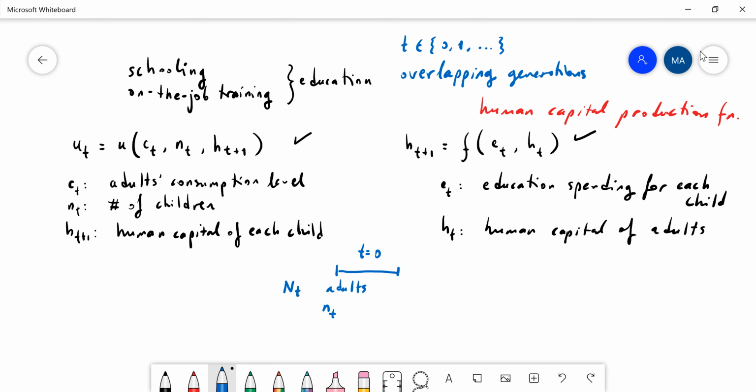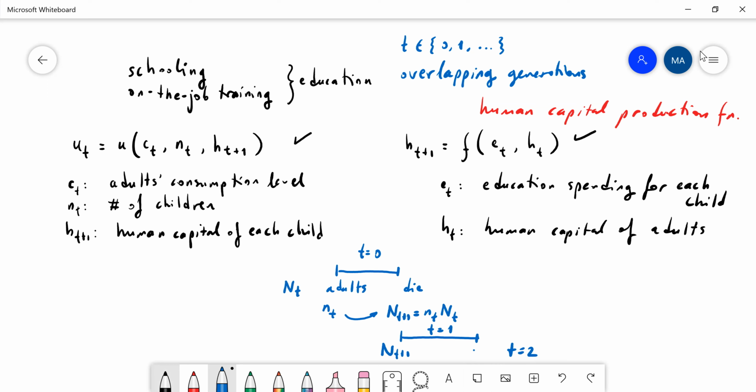At the end of this period, adults die and kids become adults. Then at t equals 1, these kids become adults themselves, so they have kids, then they die, and their kids become adults at t equals 2. So there's overlapping generations of people.